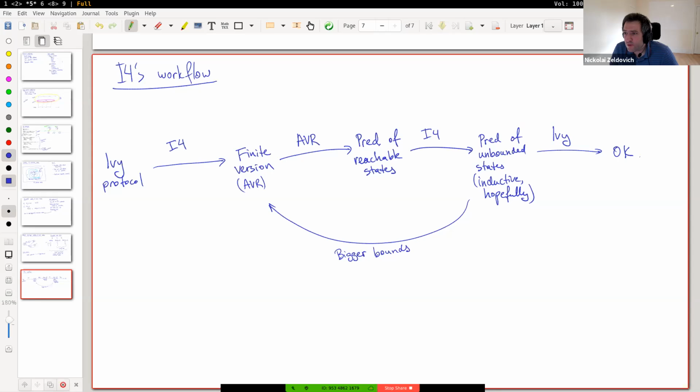So anyone from the first group want to go? Amanda or Caleb or Julian? I guess what I had said was that we would need to have a stronger invariant like we do in I4, but then we were talking about how do we assess the strength of a given invariant.